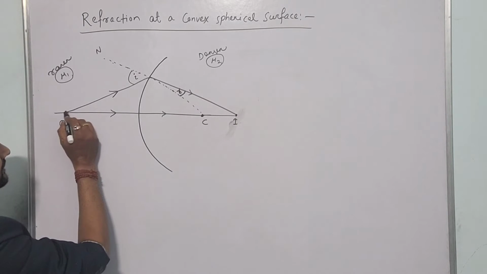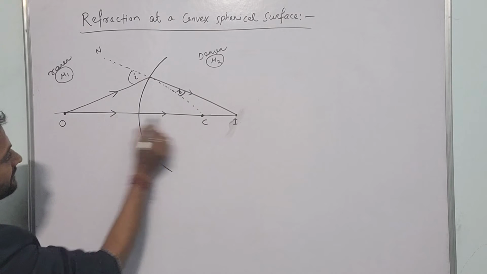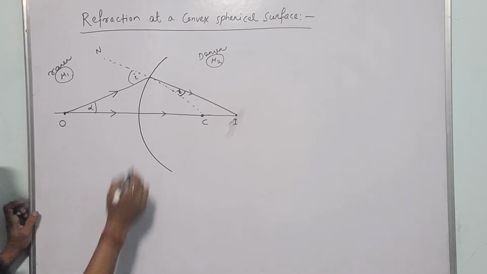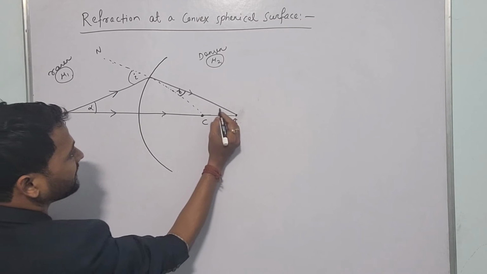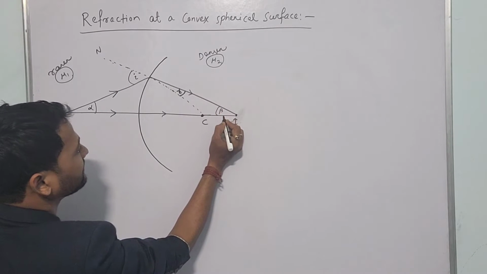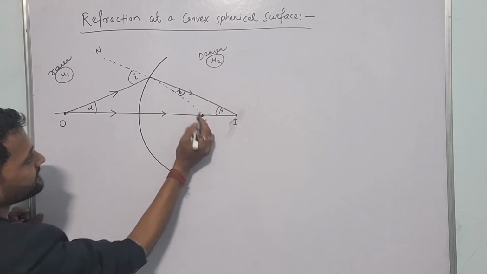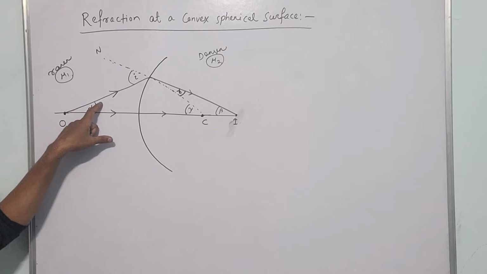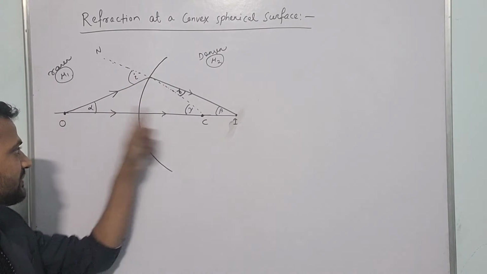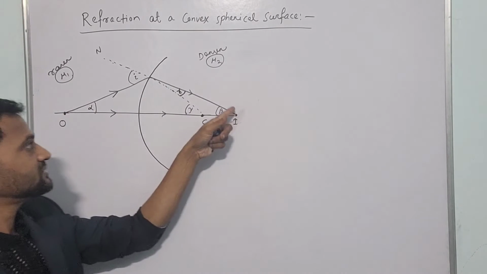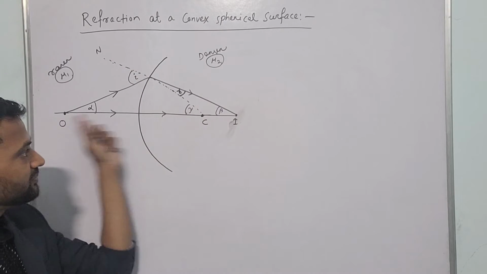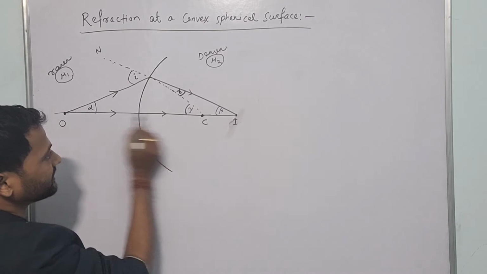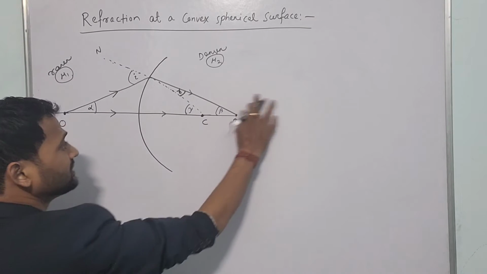The angle between incident ray and principal axis is alpha, the angle between refracted ray and principal axis is beta, and the angle between normal and principal axis is gamma, right? So there are three angles. Alpha is the angle between incident ray and principal axis, beta is the angle between refracted ray and principal axis, and gamma is the angle between normal and principal axis, right?